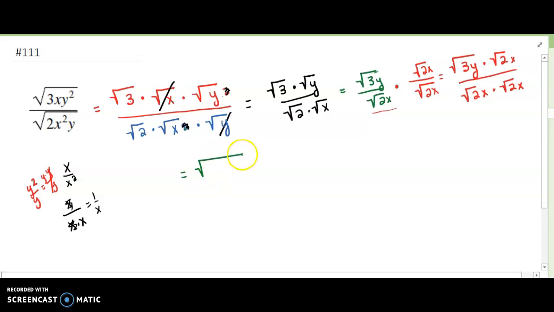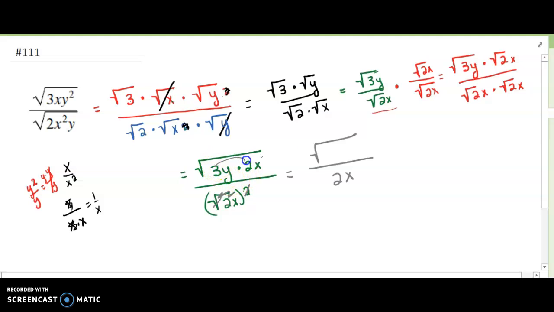This just equals square root of 3y times 2x over square root of 2x squared. Remember, the squared and the square root cancel each other out, so on the bottom I'm left with 2x, and on the top I'm left with, well, 3 times 2 is just 6xy. This here is the final answer.